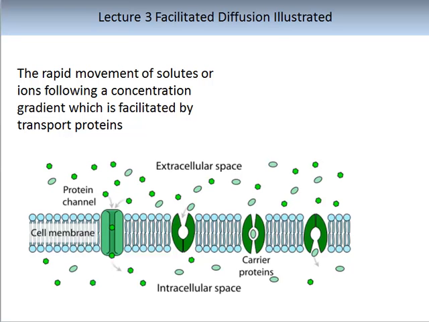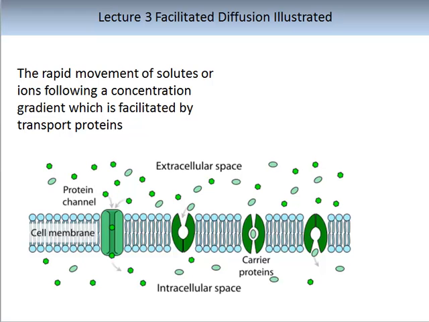The image on the slide summarises the concepts. You will first note the extracellular space, then the cell membrane, and then the space below that is the intracellular space. The plant is trying to get the nutrients from the extracellular space into the intracellular space.